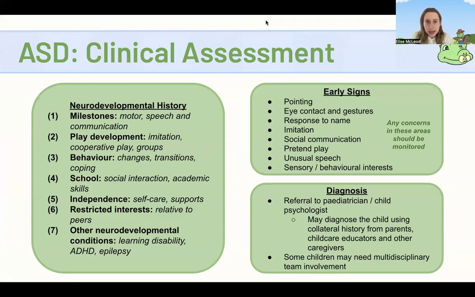It often involves collateral history from the parents or caregiver. And the medical evaluation is done by a GP, pediatrician, or psychiatrist generally, looking for underlying rarer causes of ASD.